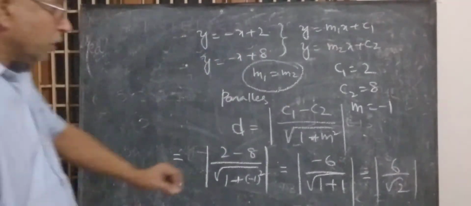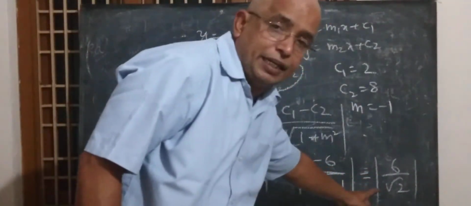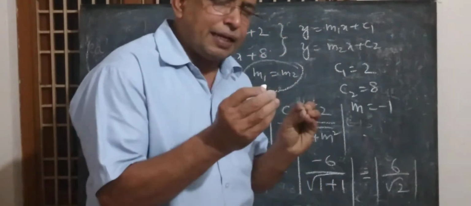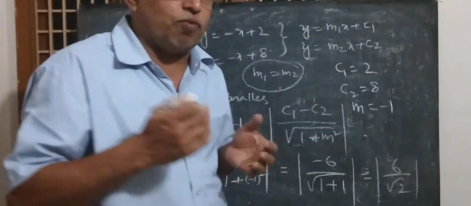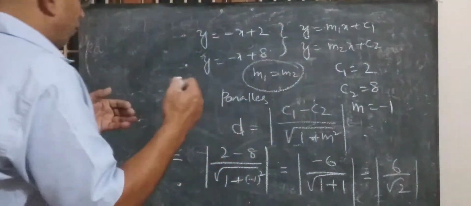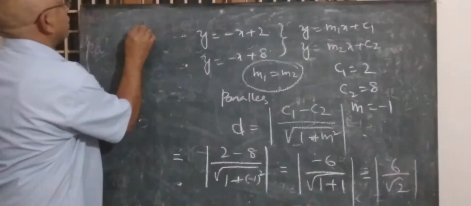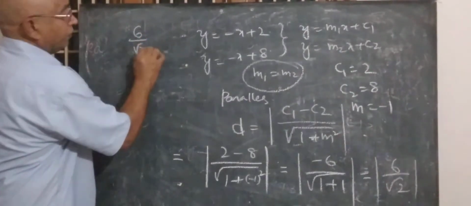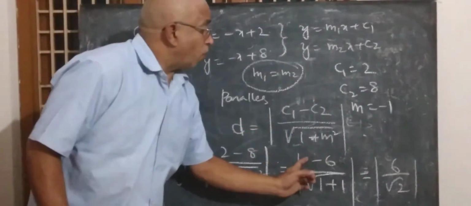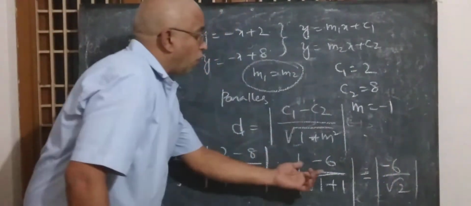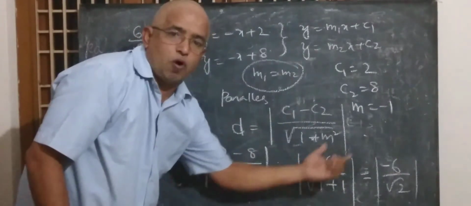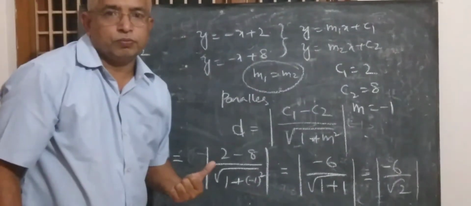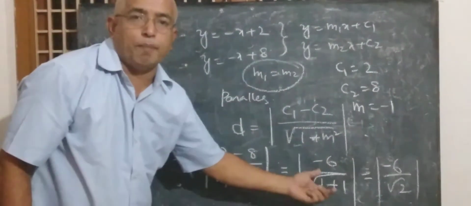Here the denominator has an irrational number. Any time, the denominator should not have an irrational number. So what can we do? Whatever irrational number is there, 6 by root 2, the modulus is there. In the modulus, the absolute value, a negative value can be taken as positive.